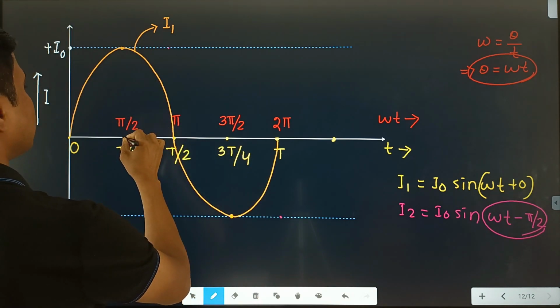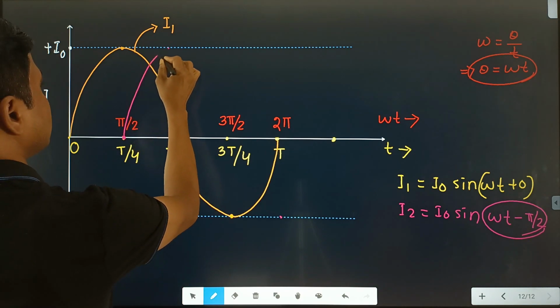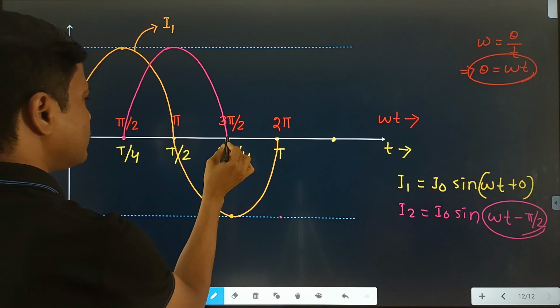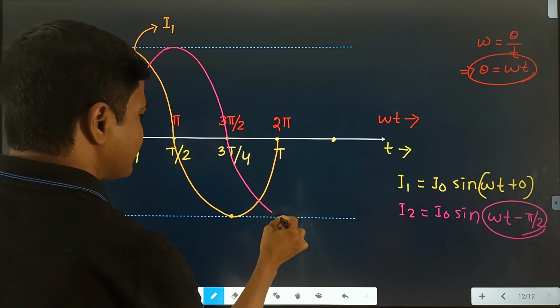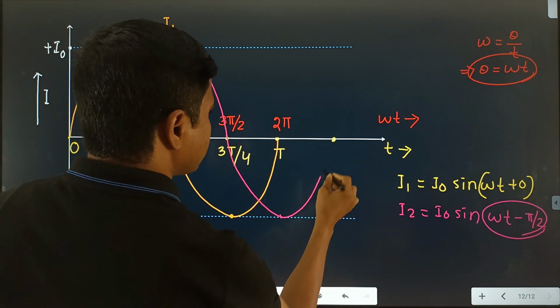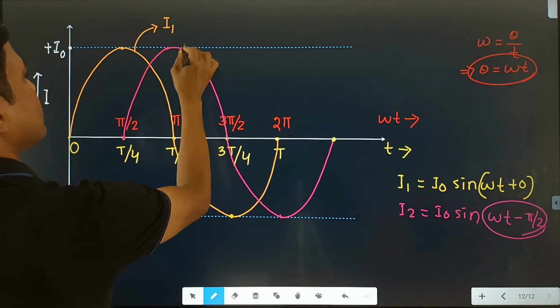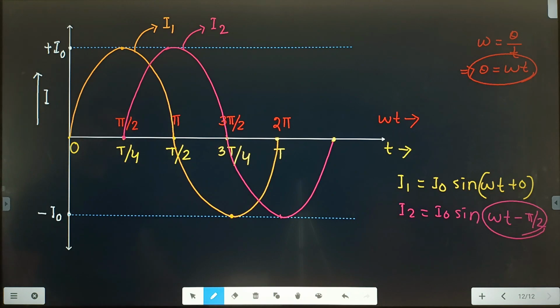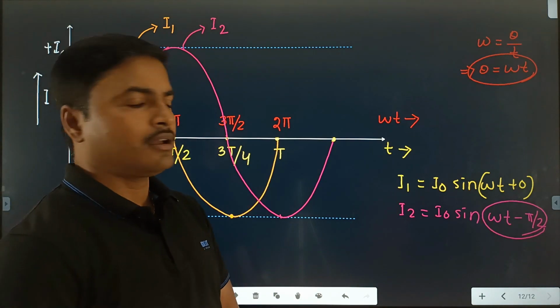This is the waveform of the current I2. It reaches maximum value, again 0, again maximum value on the negative side, again 0. And this is the waveform of alternating current I2. Clear? Look at the figure.